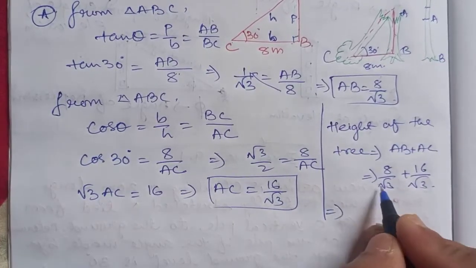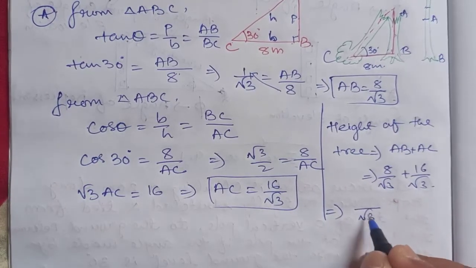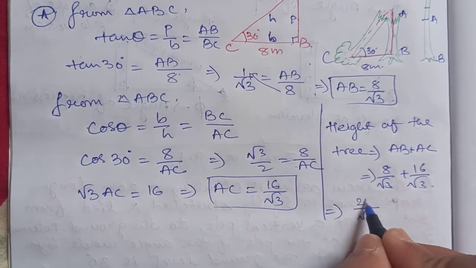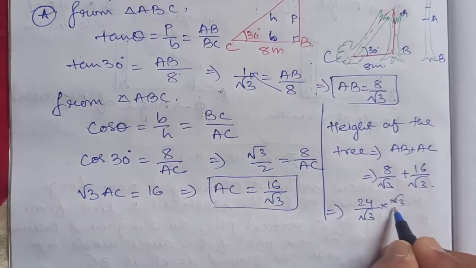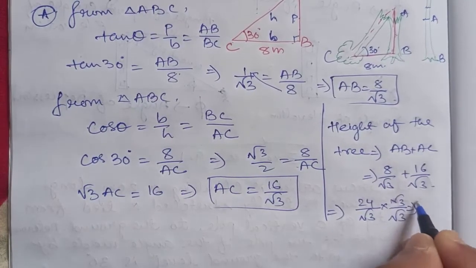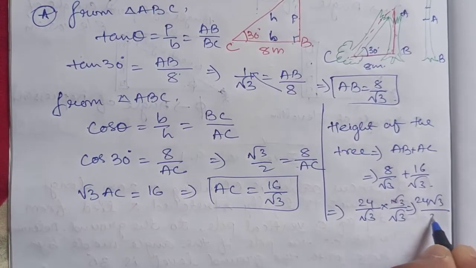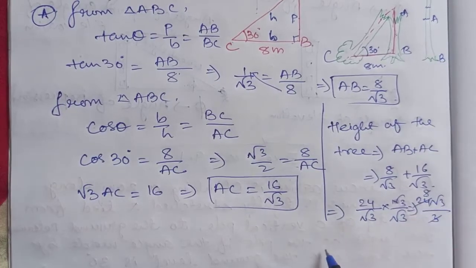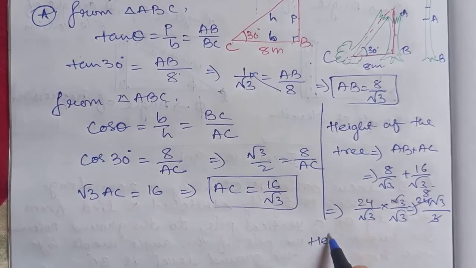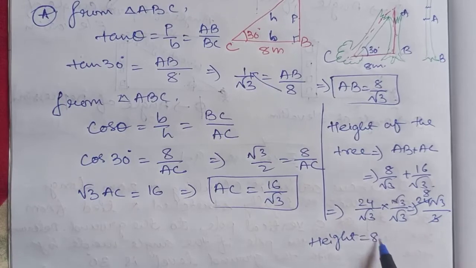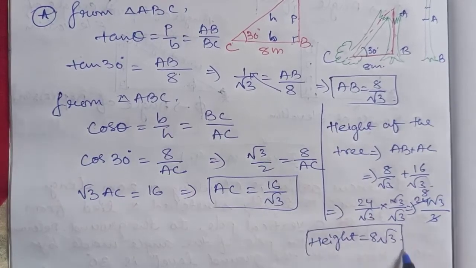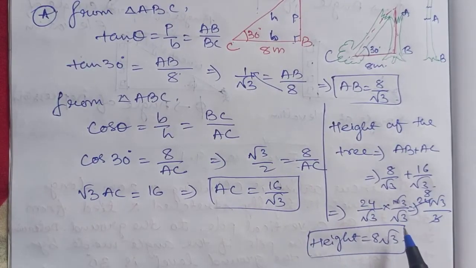The denominator is the same, root 3, and 8 plus 16 is 24. Rationalize it, root 3 by root 3, we get 24 root 3 by 3. Cancel it, we get 8 root 3. Okay, the height of the tree is 8 root 3.